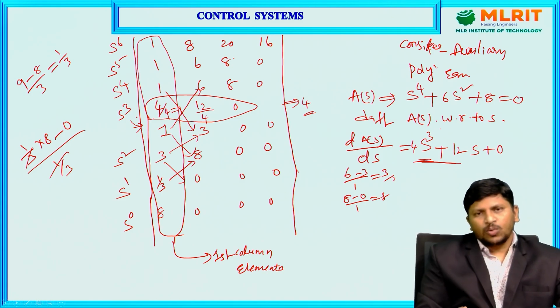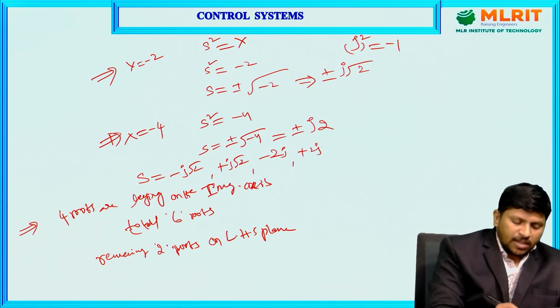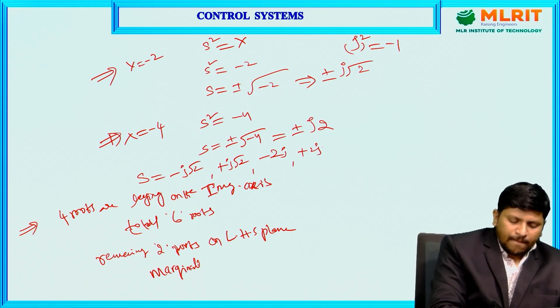So the remaining roots are on the left half of the s plane. Then the system is marginally stable.